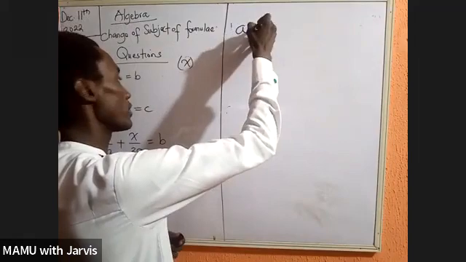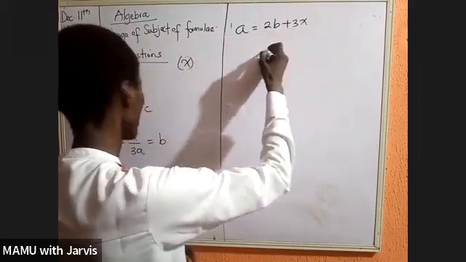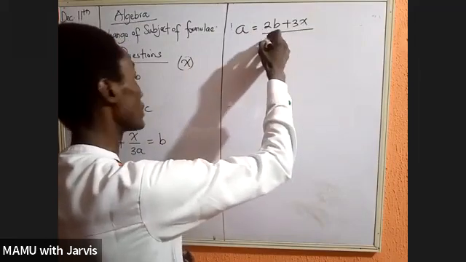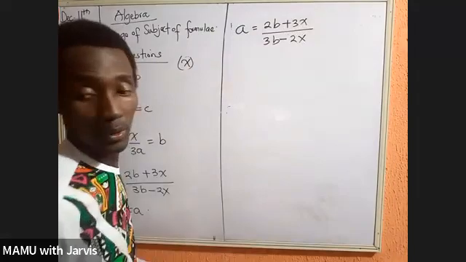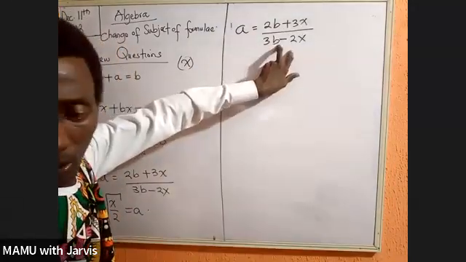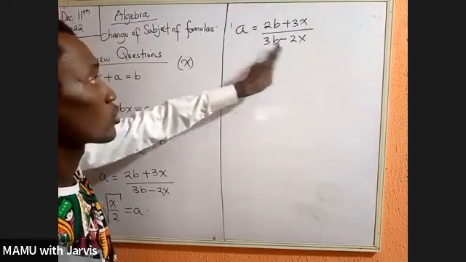A is equal to 2b plus 3x over 3b minus 2x. Now, this is a denominator dividing this. So what will it do to this? It will multiply.